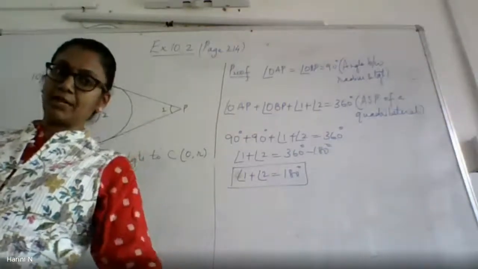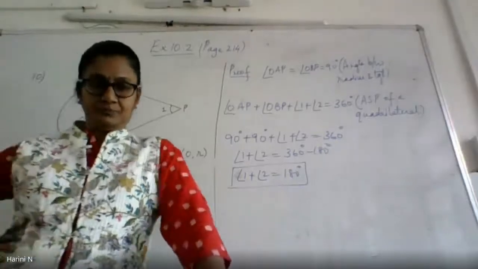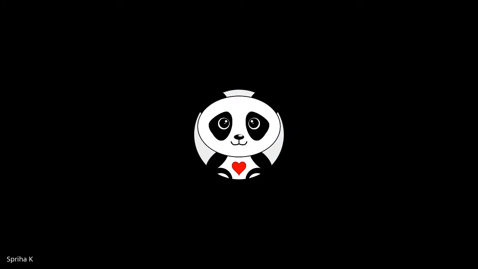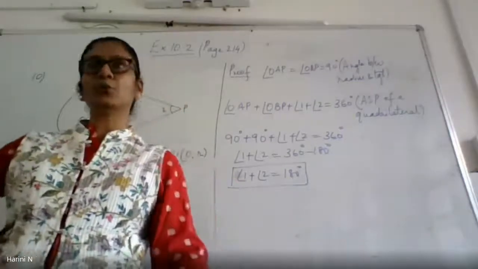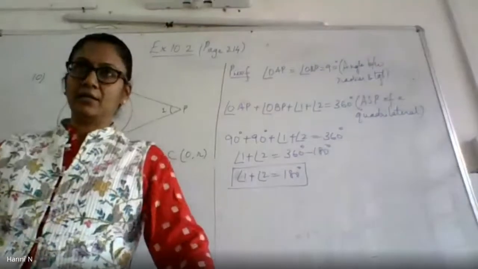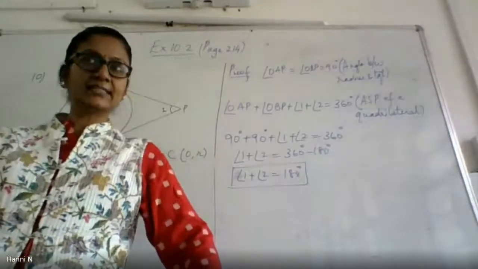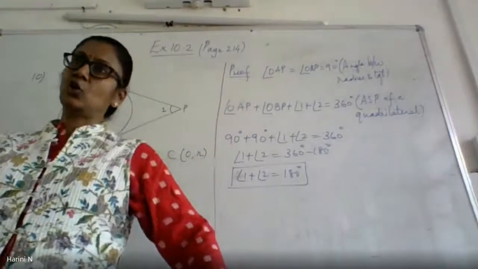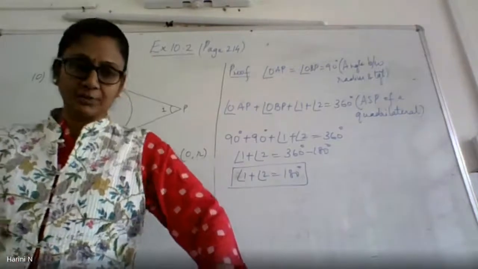When will a parallelogram become a rhombus? Adjacent sides should be equal. Yes. In a parallelogram, only the opposite sides are equal and parallel. When I show that the adjacent sides are equal, that means automatically all four sides will become equal.